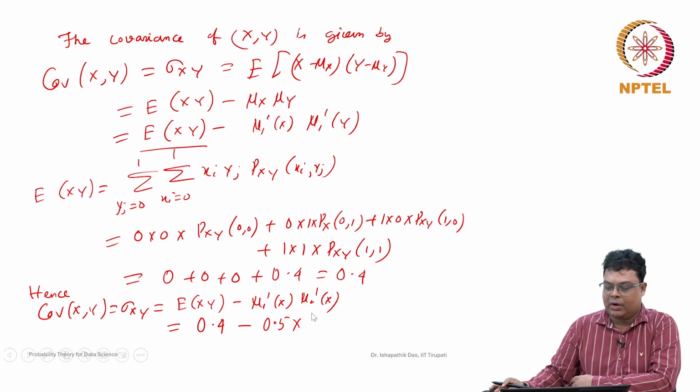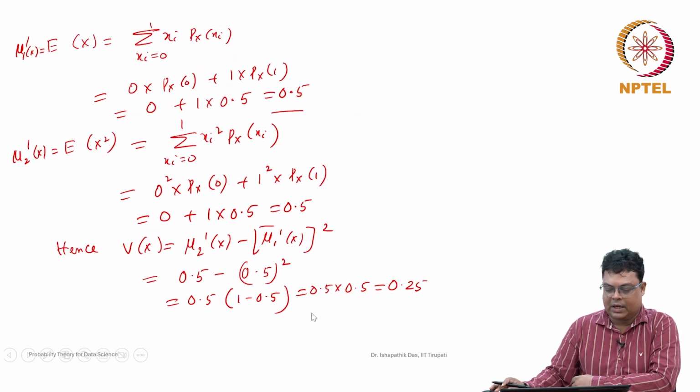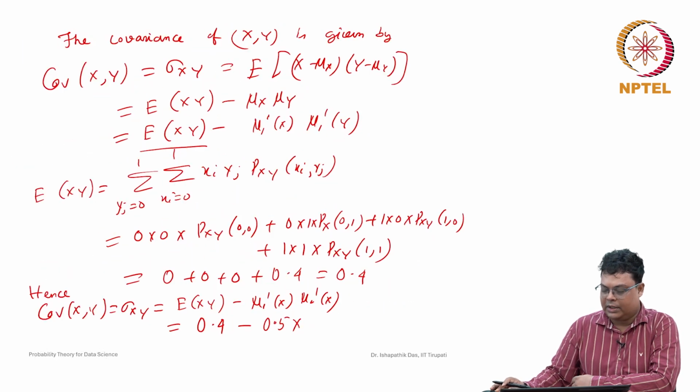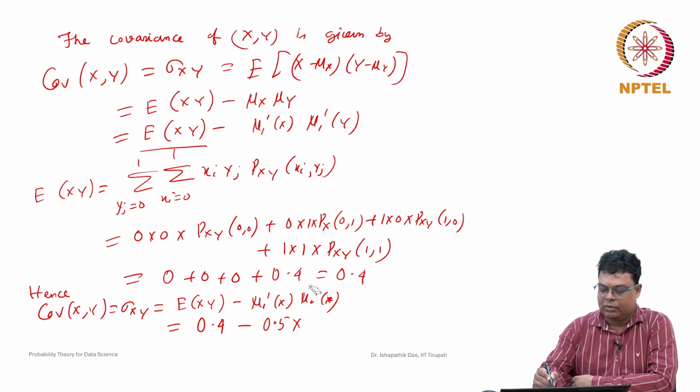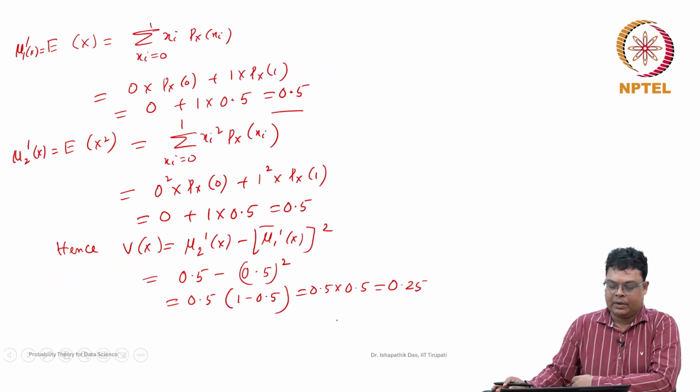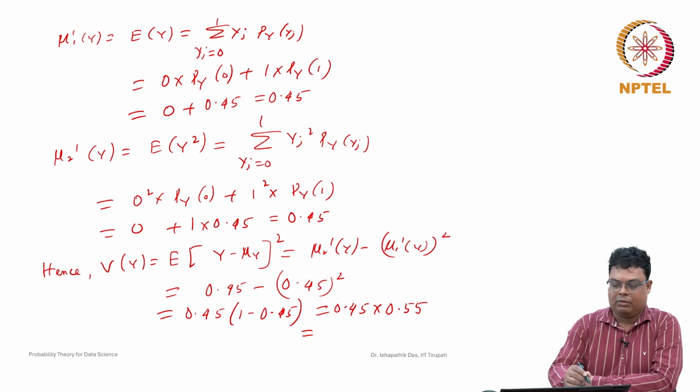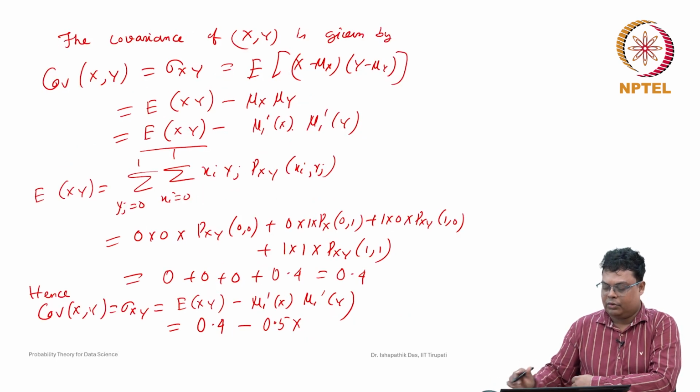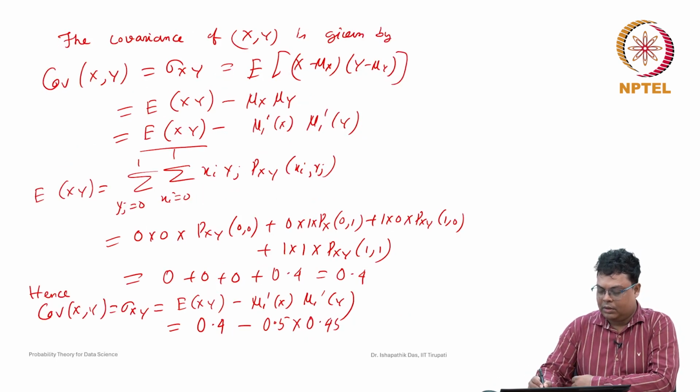Into mu2 dash, sorry, that is not x, it was a mistake. So this is correct, it is just mu2 dash y. Mu2 dash y we have as 0.45.